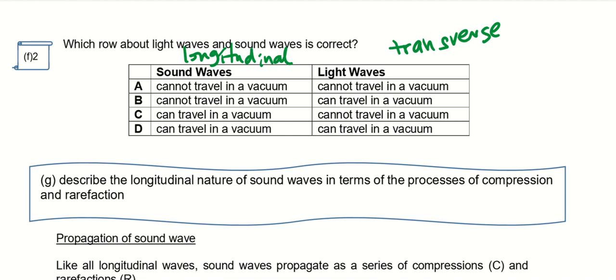Light wave can actually travel in a vacuum, because light wave is just pure energy emitted from the sun. But sound wave needs a medium, so it cannot travel in a vacuum. So the answer is B. You must be sensitive to all these keywords. When you see vacuum, you must think of certain concepts that are linked to it.